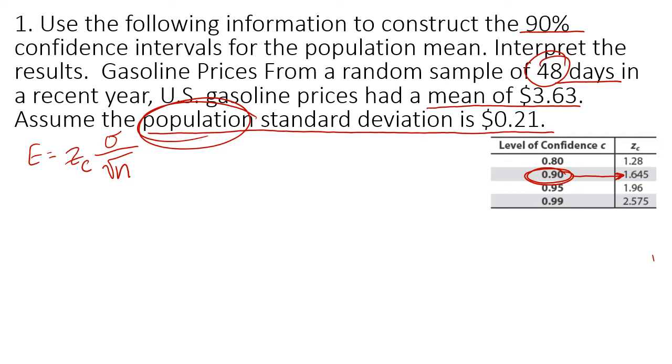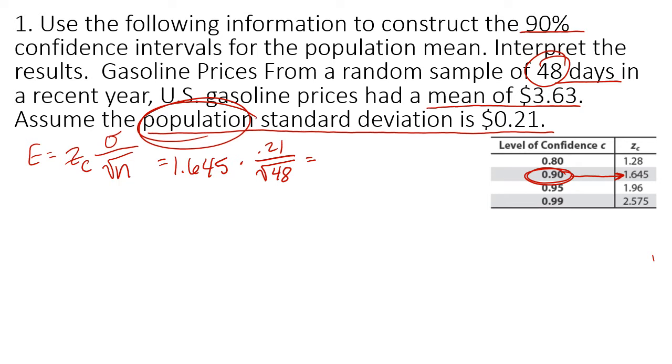So that goes to a z of 1.645. Our standard deviation was given to us of 0.21, and then the square root of our sample size goes in the bottom. We have 48 different days that were sampled, so that goes in the bottom.